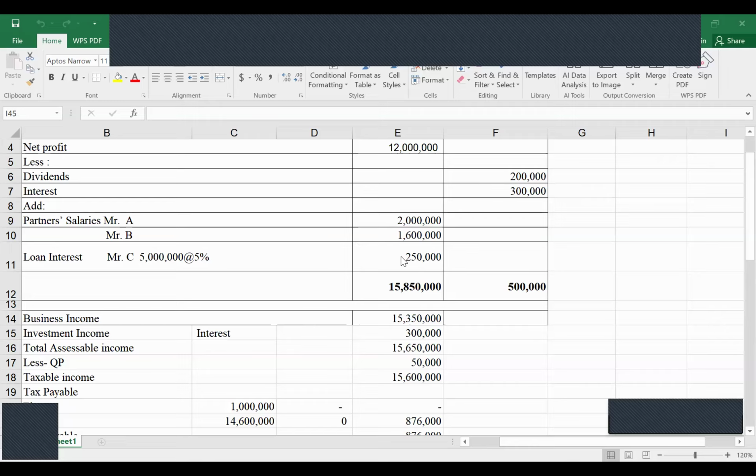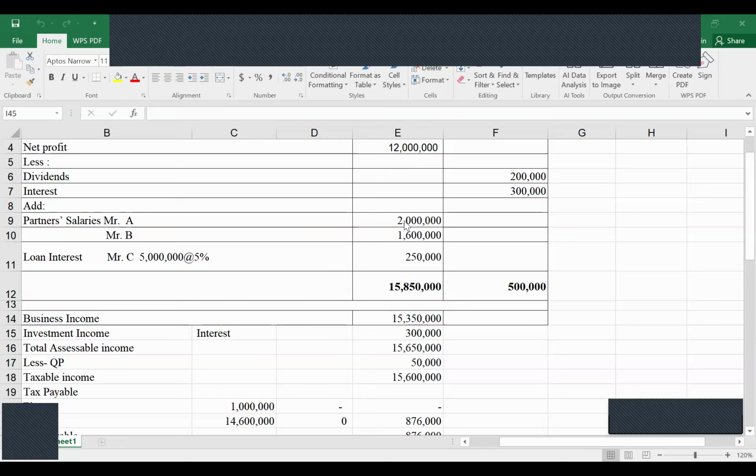And B's wife also working in the institute, but it is also allowable as a deduction because it is a salary paid to B's wife. So in the hands of the partnership income, when we are calculating partnership income, we can allow the partner's wife's salary to be deducted at the point of calculating assessable income from business.